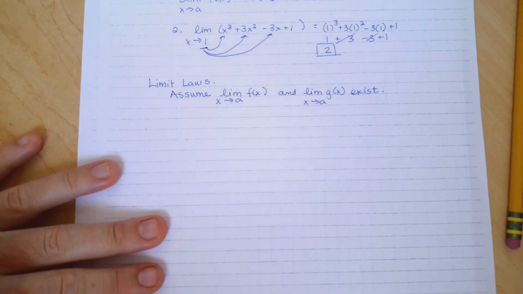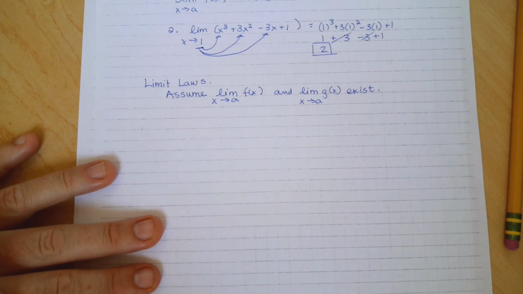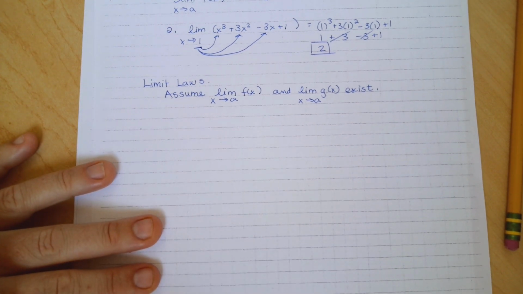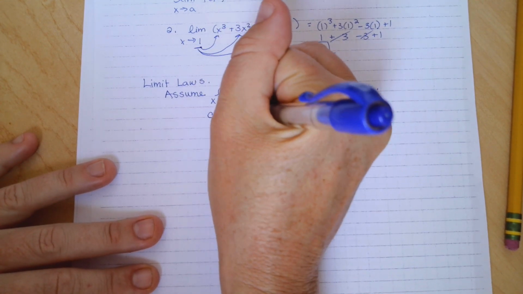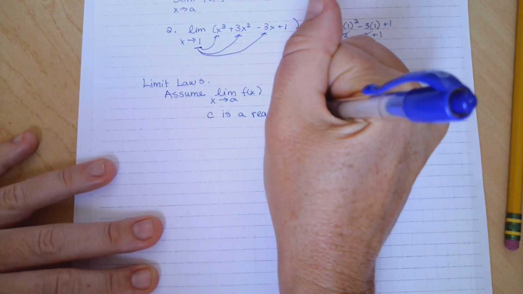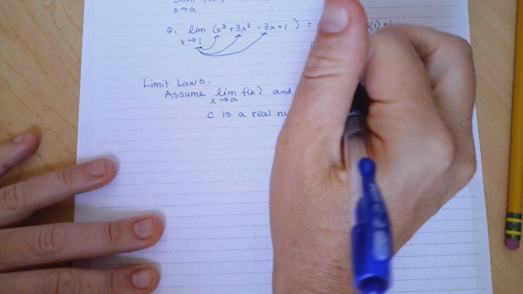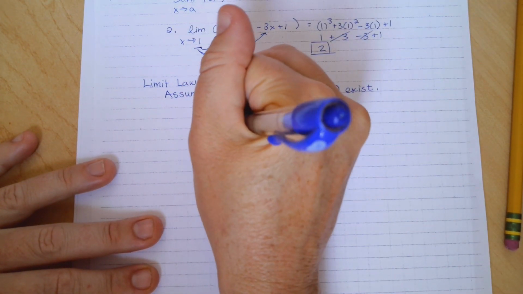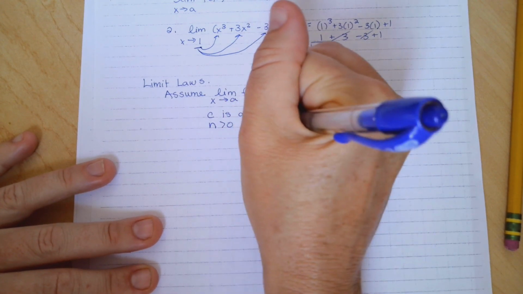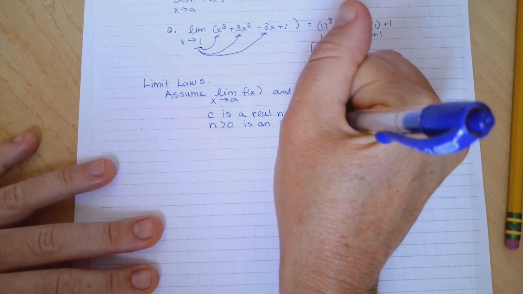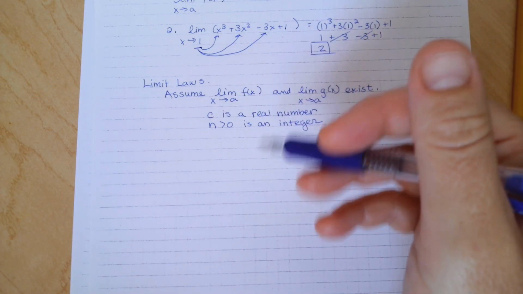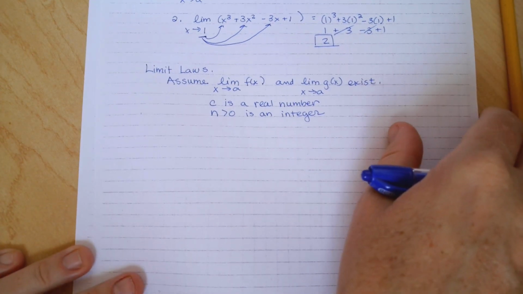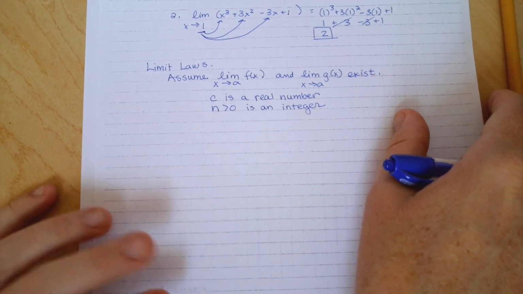So we have assumed that both of these limits exist for your functions f of x and g of x, and we're going to assume that C is a real number, so we're not talking about imaginary, and n greater than 0 is an integer. Okay, so these are all assumptions that we're working with, so that we can claim all these things and not worry about anything weird happening, right?